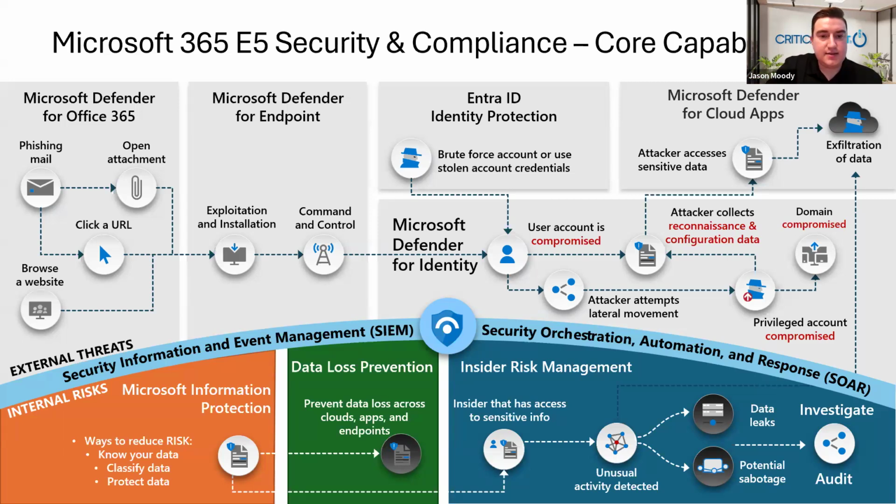So that's an explanation of the Microsoft 365 E5 security and compliance core capabilities, and what they can do to help protect your environment, both on the security side and the compliance side.